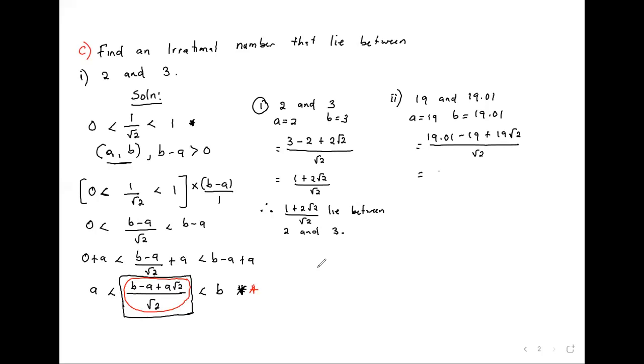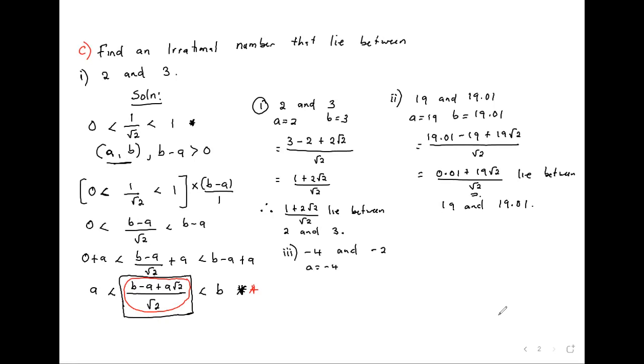This number is 0.01 plus 19 root 2 over root 2. So this number here lies between 19 and 19.01. Then we have -4 and -2.